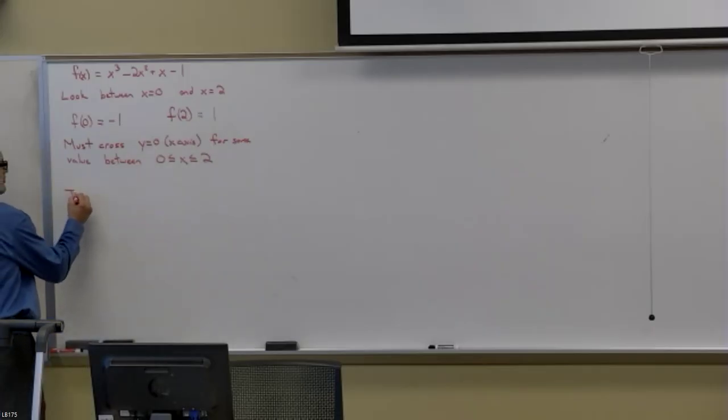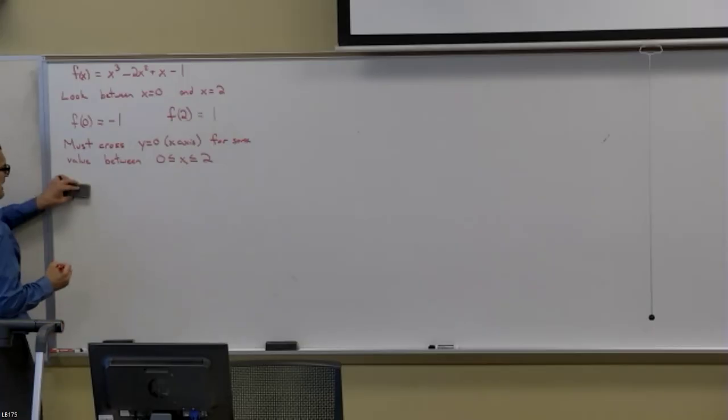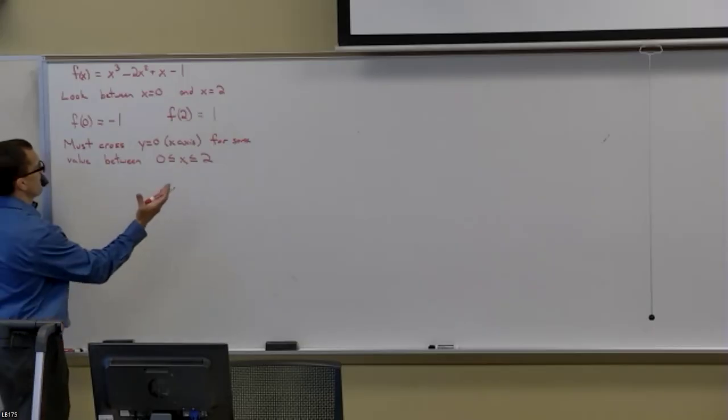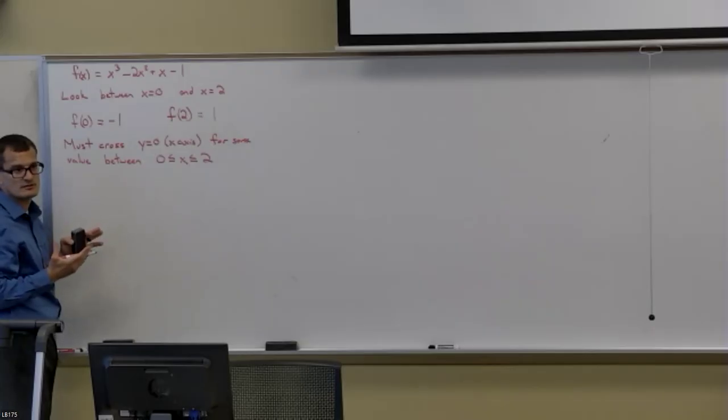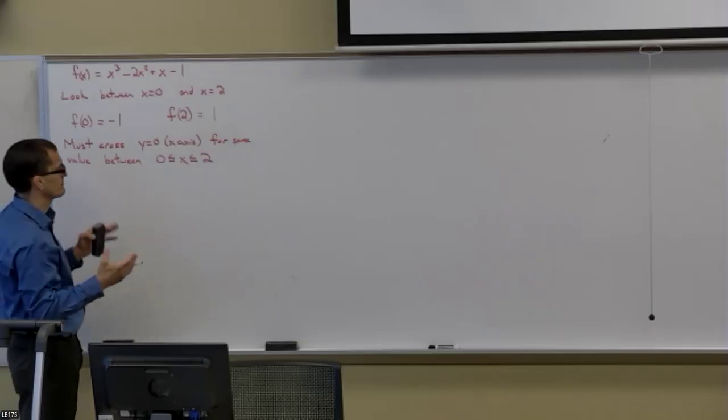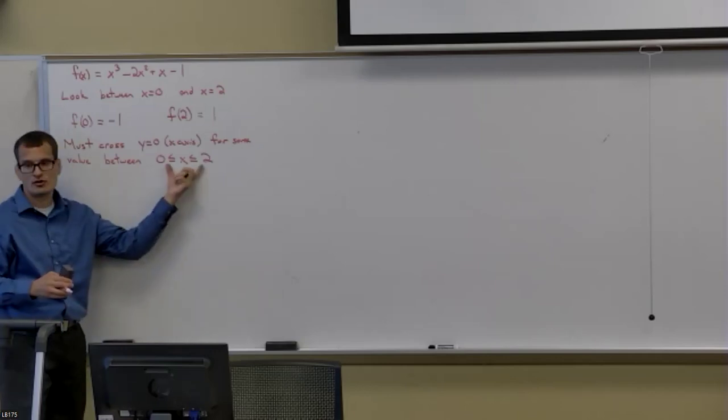So let's get a better estimate by narrowing our search. We have a big interval where we know there's going to be an x-intercept.